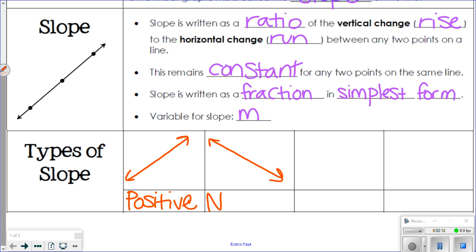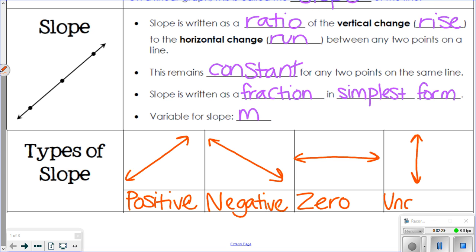This is a negative slope. This is a 0 slope. And this one is undefined.